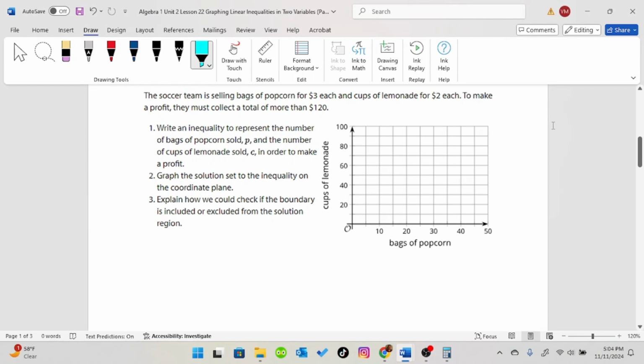The soccer team is selling bags of popcorn for $3 each and cups of lemonade for $2 each. To make a profit, they must collect a total of more than $120. Number 1. Write an inequality to represent the number of bags of popcorn sold, P, and the number of cups of lemonade sold, C, in order to make a profit.